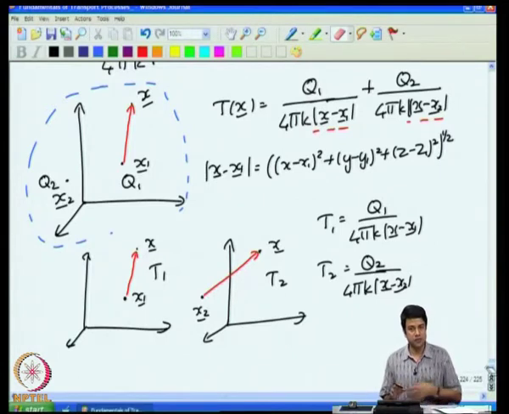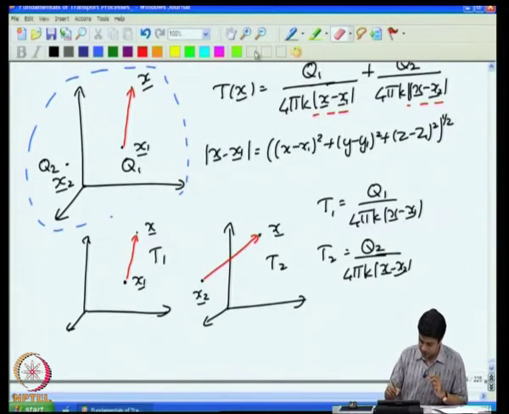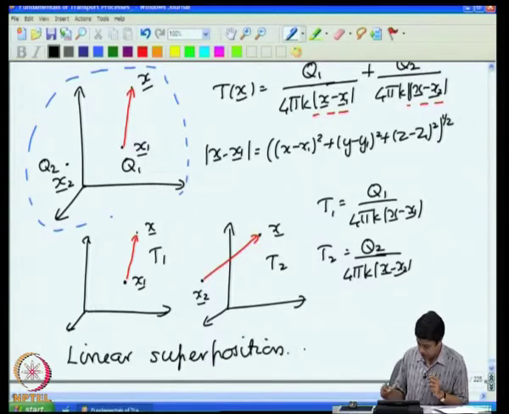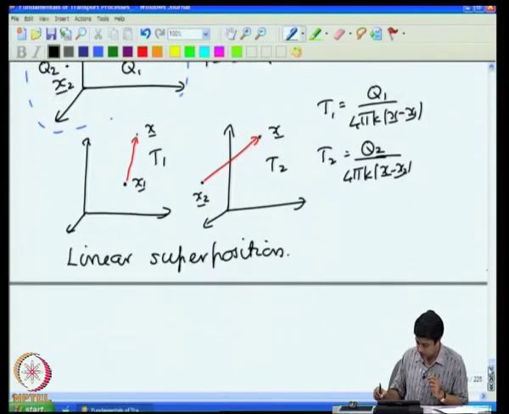That is the reason that we defined our delta functions, gave a definition of the solution for the delta function source, because this linear superposition principle will apply only for point sources. This principle is called linear superposition, and this applies only for point sources.